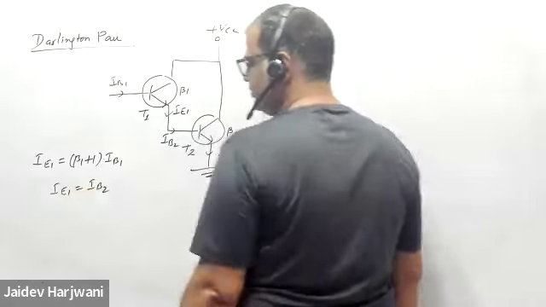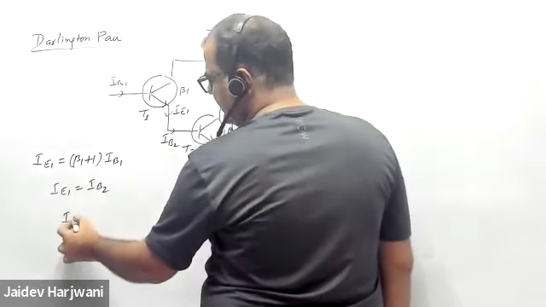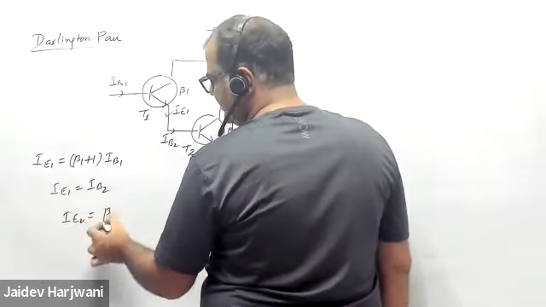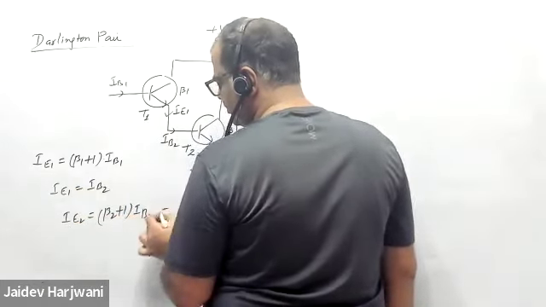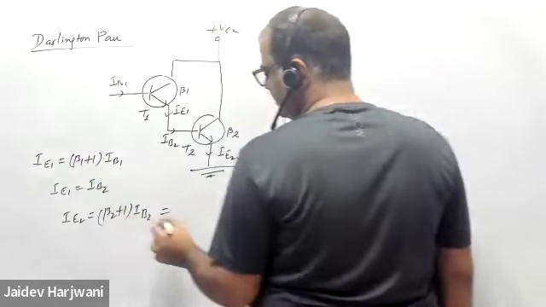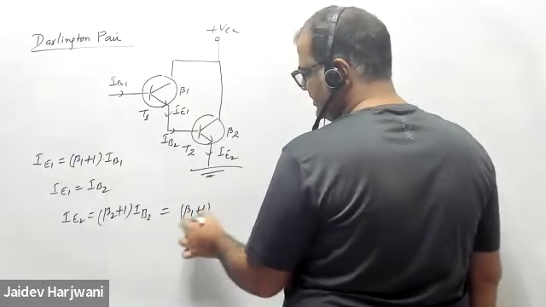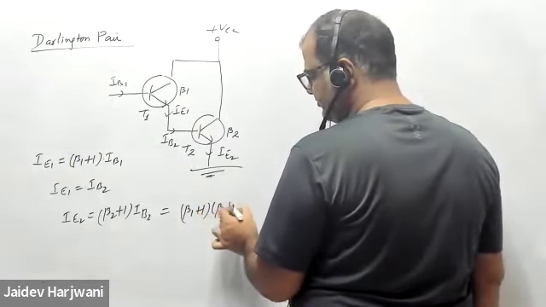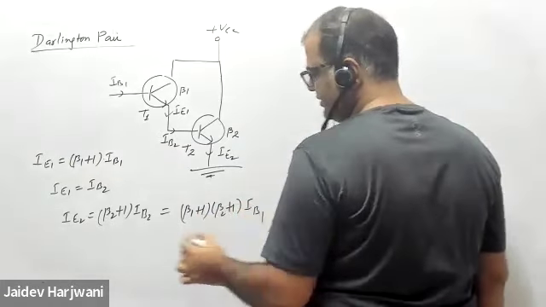IE2 will be beta 2 plus 1 times IB2, and IB2 is equal to IE1. So this becomes beta 1 plus 1, beta 2 plus 1, into IB1.